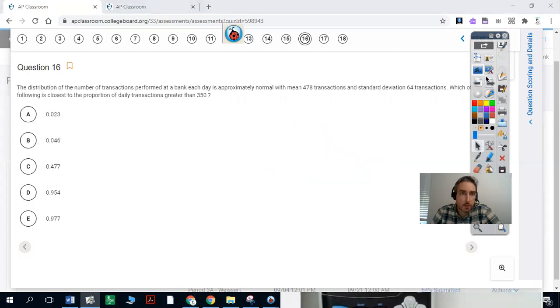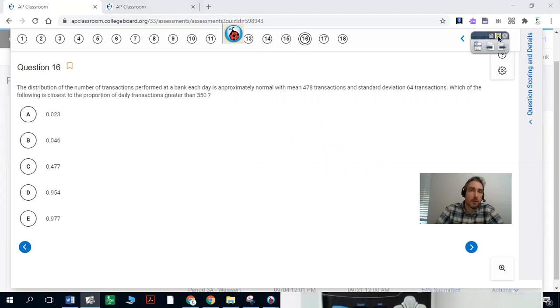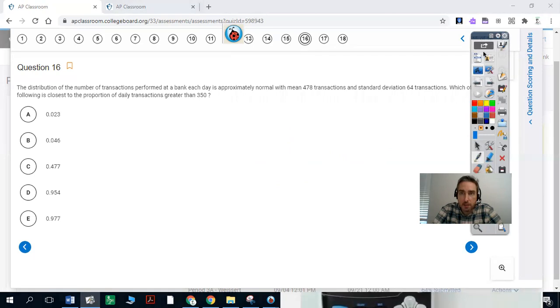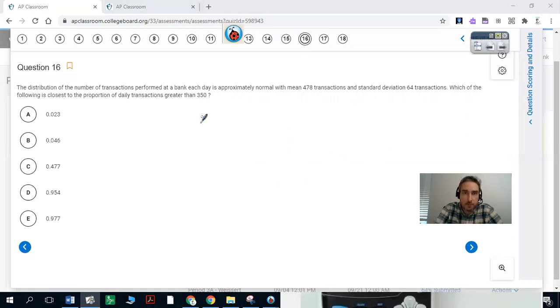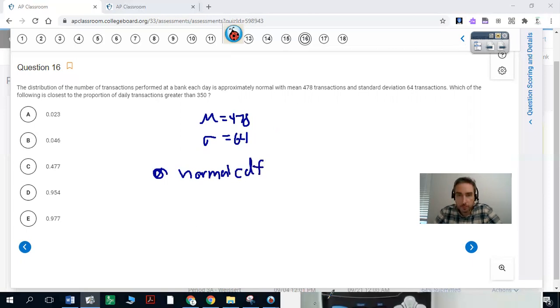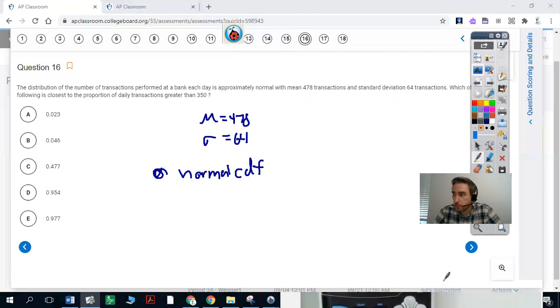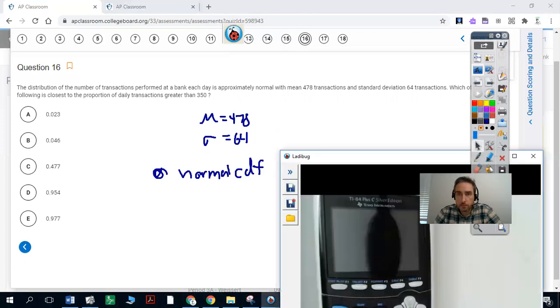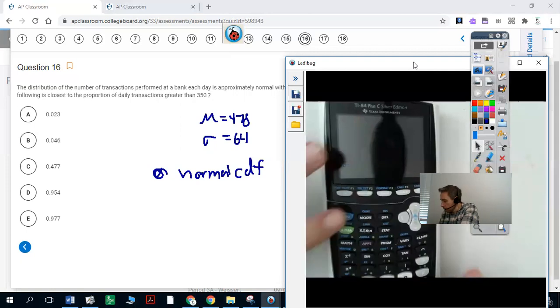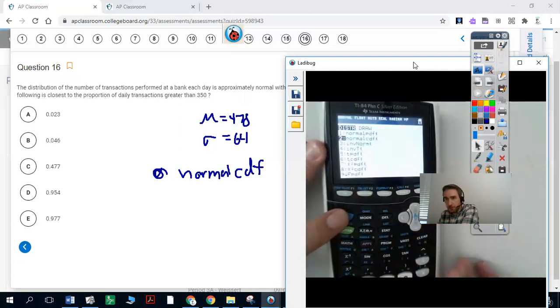16. The distribution of the number of transactions filled in a bank each day is approximately normal with a mean of 478, standard deviation of 64. Which of the following is close to the proportion of daily transactions greater than 350? Let's use the calculator. So normal CDF. Second vars, normal CDF.